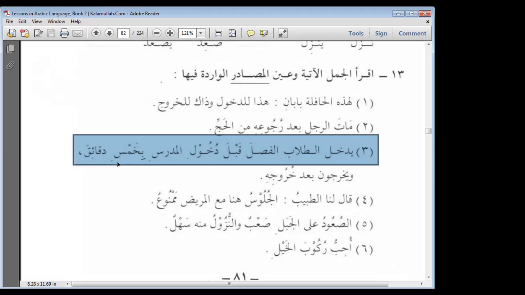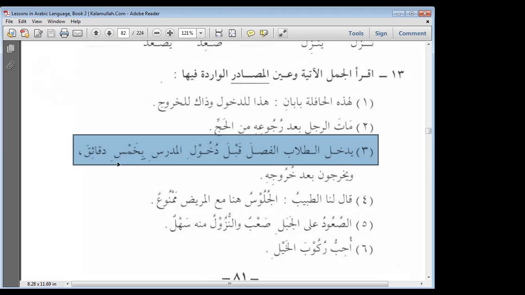رجوعه. Now, the ha at the end is a pronoun that is added on, to say his return. But the masdar itself is ruju'i, and it ends with the ayn. It's from the verb raja'a yarji'u ruju'un, with the ayn at the end. So ruju'i, he.